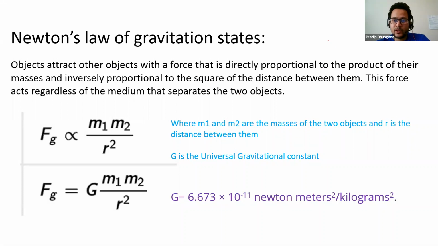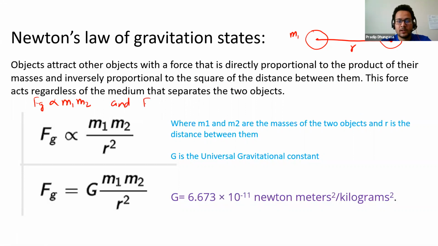Let us suppose we have two objects with masses m1 and m2, and the distance between these two objects is r. Then the force of attraction, Fg, is directly proportional to the product of the masses and inversely proportional to the square of their distance.